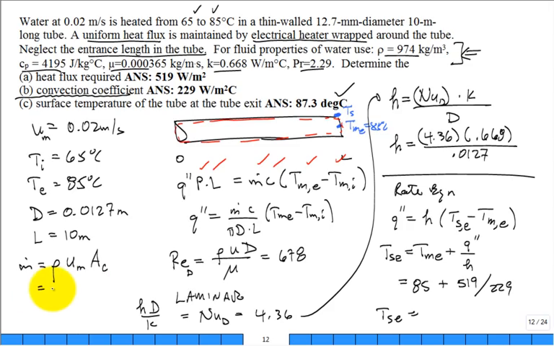So this was rho times pi d squared over 4. And the mass flow rate comes in at 0.002468 kilograms per second. Look good? Yep, let's press on.